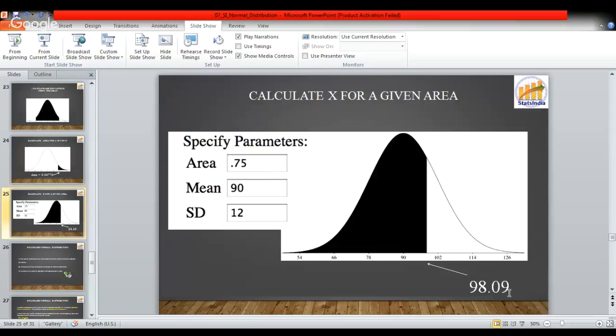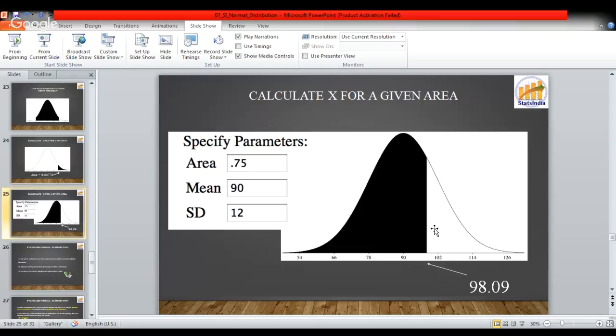That is, if you keep your cutoff at 98, then the top 20% of the students are eligible for, let us say, advanced JEE.